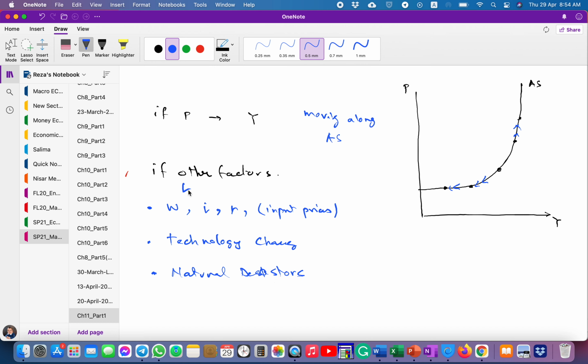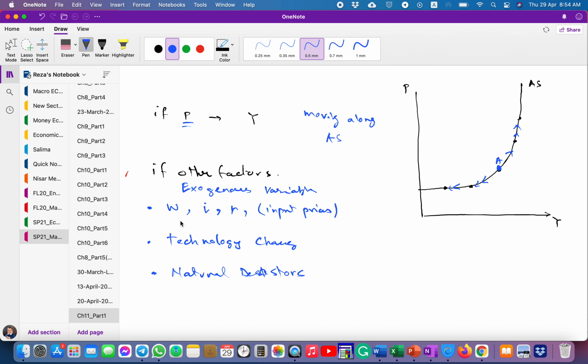These are exogenous variables, which we assume are constant. So we were moving alongside. If we are here at point A and only the price changes, we can go upward or downward like this.